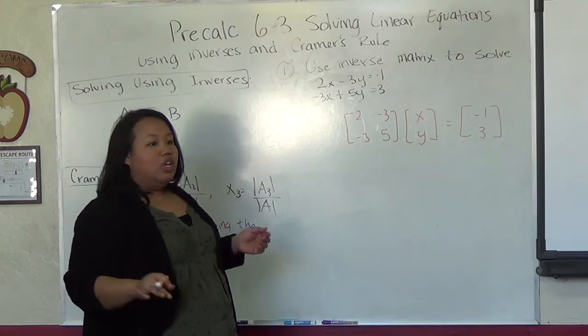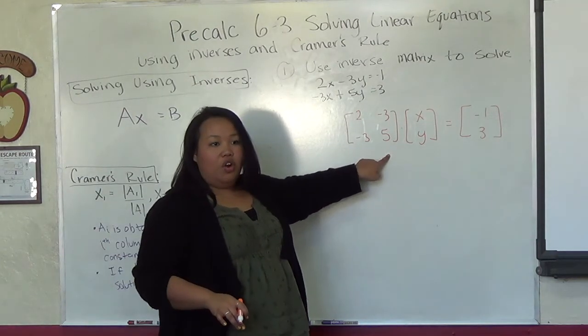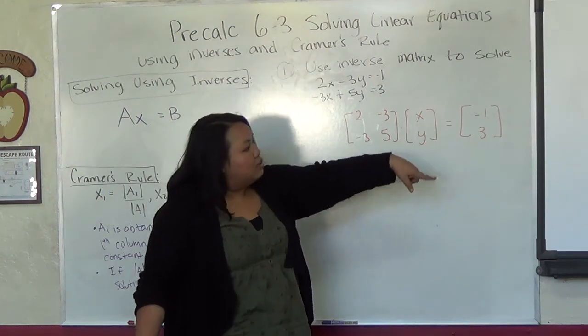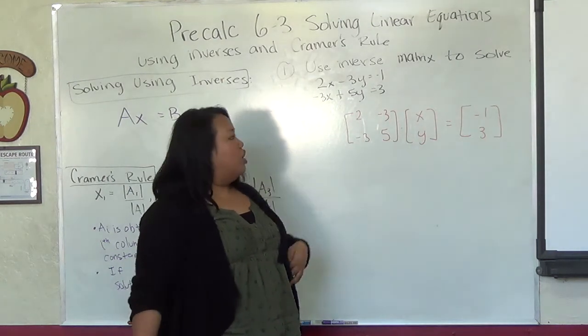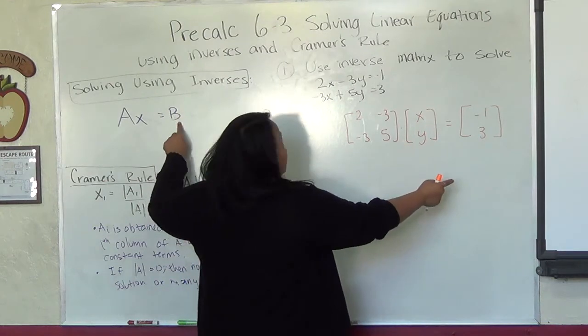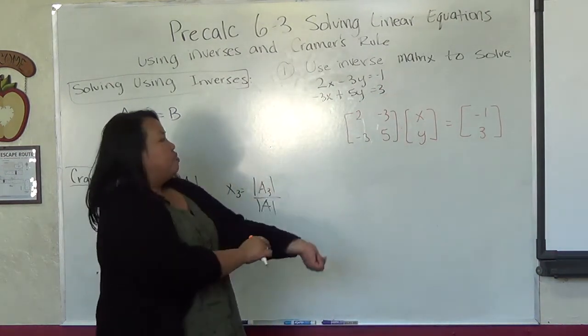With me? So your A matrix is this, right? Your coefficients. Your X matrix is this. Sometimes it's X and Y, sometimes it's X1, X2, X3, and so on. And so this is your variable matrix, and B is the answers for each of your solutions, right?